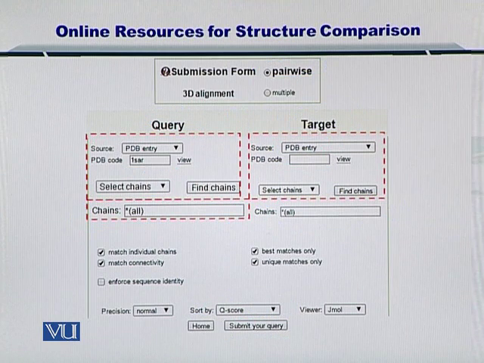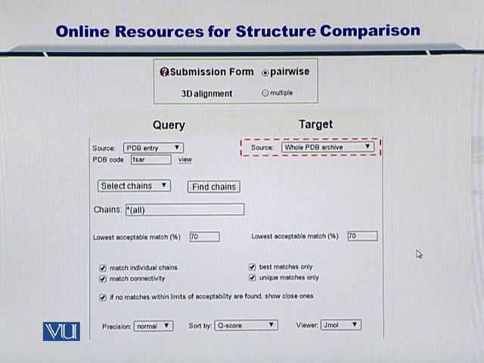So this was the case where you were trying to compare a query protein with a target protein, or simply two proteins. But what if you want to compare a protein with the entire PDB database? So you want to see which other proteins are similar to the protein of your interest in the entire PDB database.